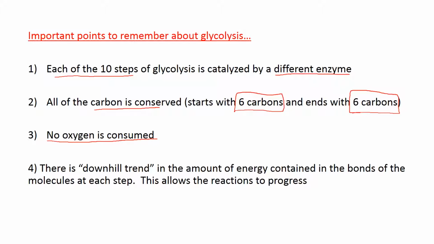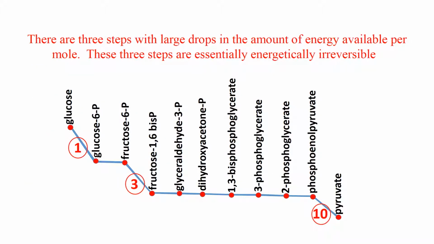And lastly, there is a downhill trend in the amount of energy contained in the bonds of the molecules at each step. So this downhill trend in the amount of energy allows the reactions to progress. Now there are 3 steps that show large drops in the amount of energy available per mole, and these 3 steps are essentially energetically irreversible.